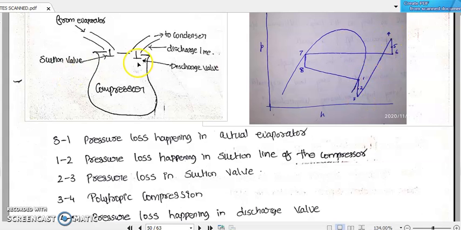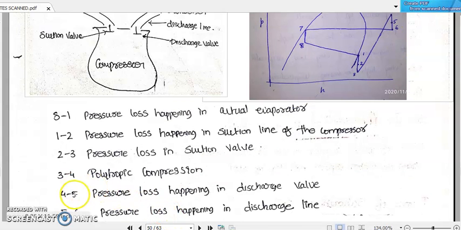Then after this compression process, the refrigerant will be admitted towards the outlet line towards the condenser. Before that, it will flow through the discharge valve, or the discharge valve itself will act as a hindrance to the free flow of the refrigerant. So again another pressure drop happens at the discharge valve, and that is represented as 4 to 5. So 4 to 5 is the pressure loss happening in the discharge valve.